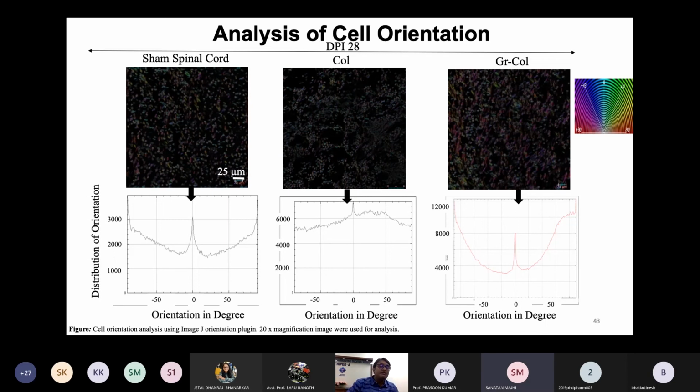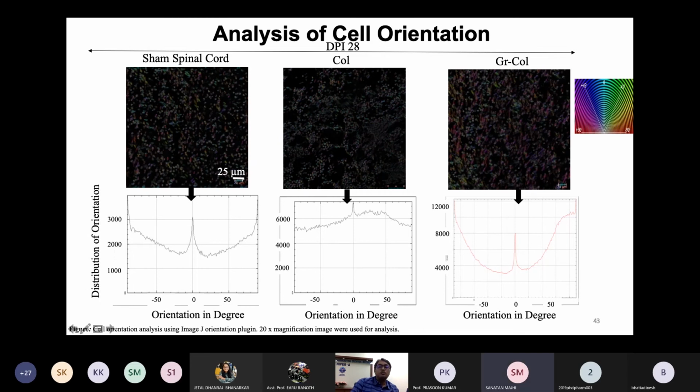So we have taken the spinal cord, and there is a plugin available with ImageJ. Based on the DAPI, we can see whether the nuclei are oriented in a particular direction or not. When we see the sham spinal cord, it is a sharp single peak, which demonstrates good alignment, and similar alignment was found in GR call.